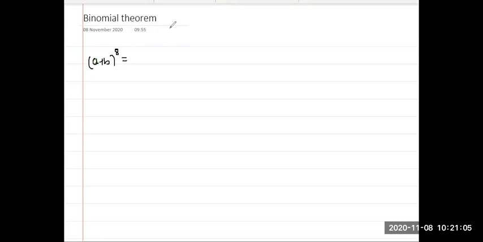First of all, instead of writing the coefficients, let's write the terms. So the first term would be a to the power 8, all apples and 0 bananas. Yes or no? 8 apples, 0 bananas. First term. Plus second term, 7 apples, 1 banana. Third term, 6 apples, 2 bananas.